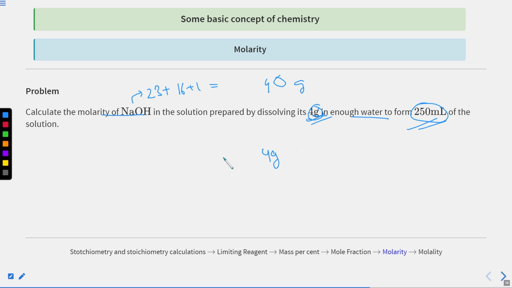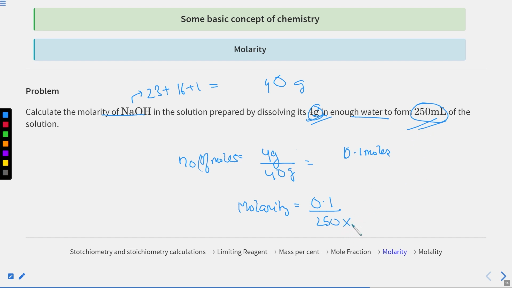Clear? So number of moles is equal to given mass by molar mass, that is 4 by 40, or 0.1 moles. Now molarity is equal to number of moles by volume of solution, that is 250. Now it is given in milliliter.